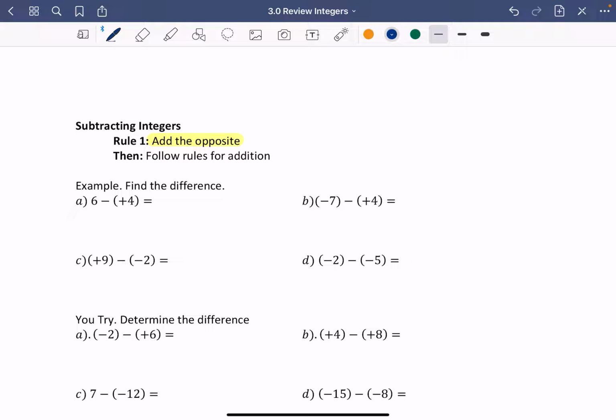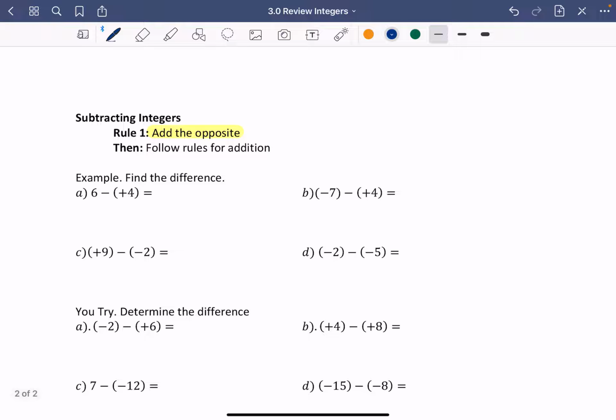Adding the opposite, there's a rule: keep the first number, 6, and then change the minus to plus. That's add. And then the opposite is the opposite of the second number.